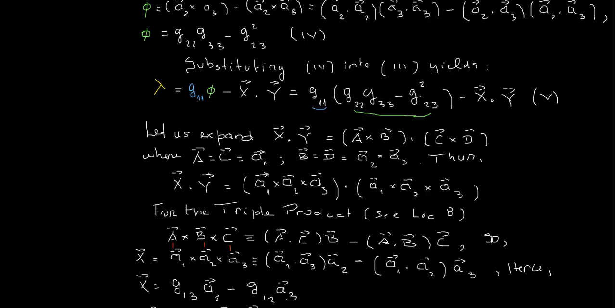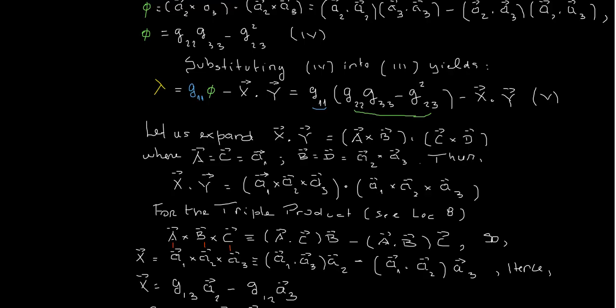I advise you to put a blank paper on your side and just write this down. It will be quite easy to follow, and the colors will help a lot.